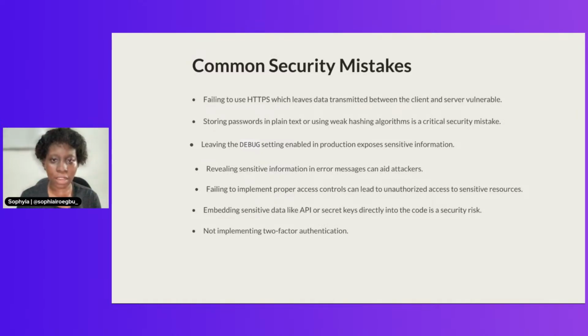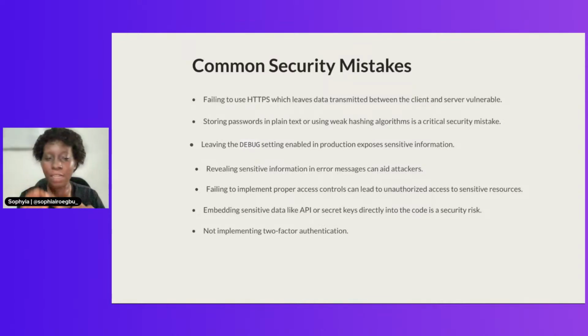Another one is storing passwords in plain text. When I started as a Django developer, I thought that you are supposed to save the user's password as inputted. For example, if the user's password is password123, I thought that you were supposed to save that in your server or database as password123. But that is very bad if you do that. Another one is leaving the debug setting enabled in production.